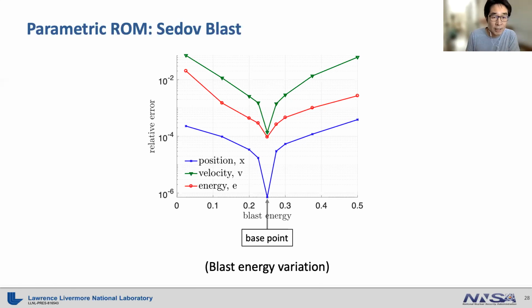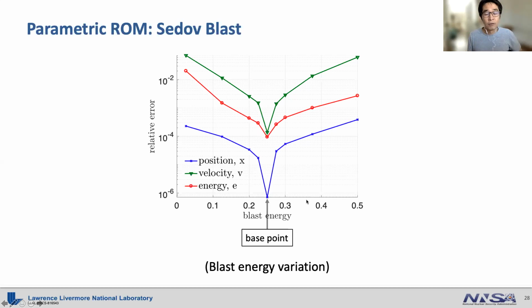As we expected and anticipated, our reduced order model is most accurate where the ROM was trained, right? But if you go farther from that point, the accuracy degrades.